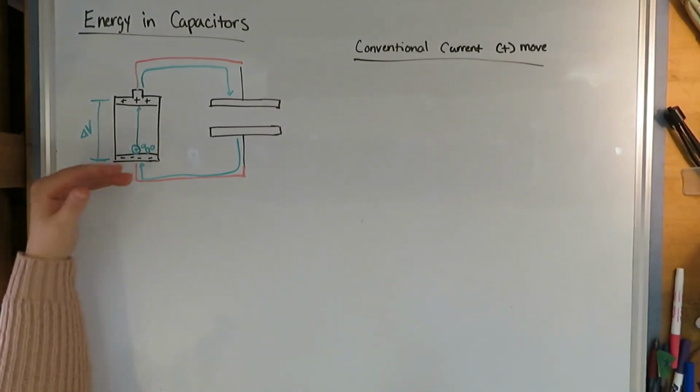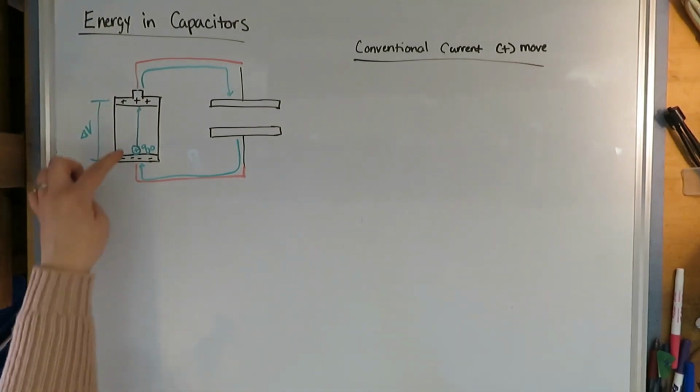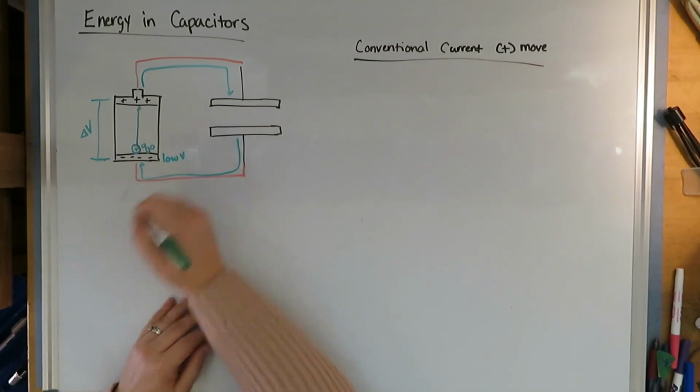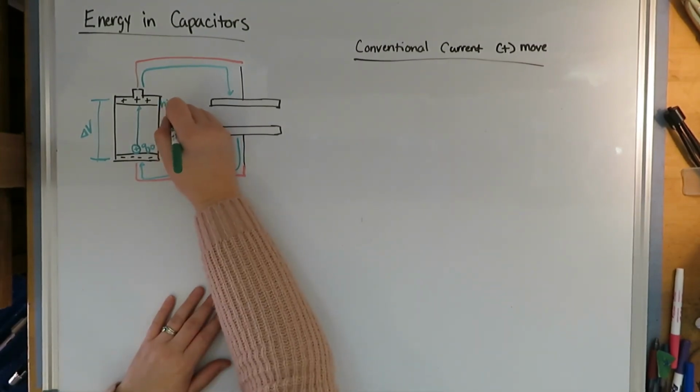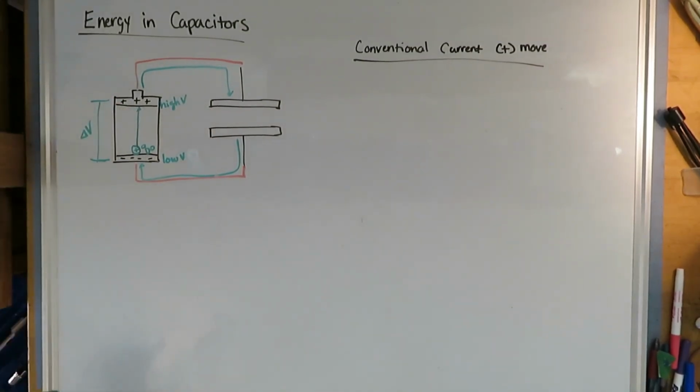You can almost think about lifting a mass up a hill, because this positive charge wants to stay down. This is low potential for that positive charge. This is high potential. So if I want to get that charge to go from low to high, I'm going to have to do work. You could think of this with an electron flow by doing the opposite.